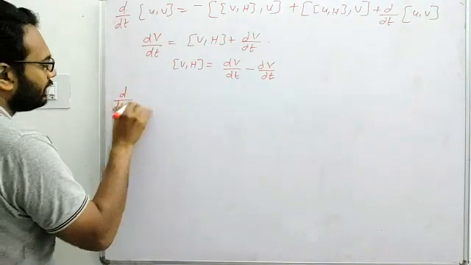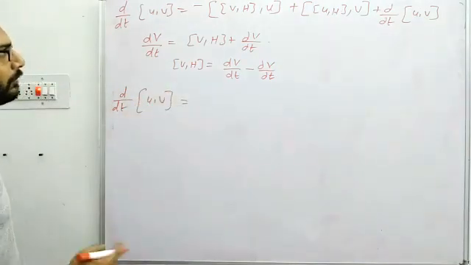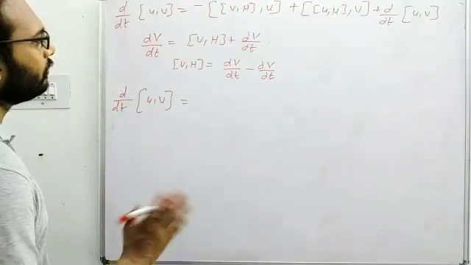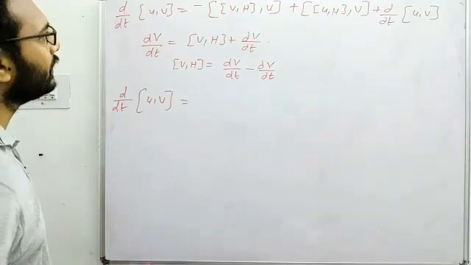Now using this we get d by dt of {u, v}. You have to be careful not to miss any minus signs. Often I miss a minus sign. I hope I haven't missed anything. So let's check.